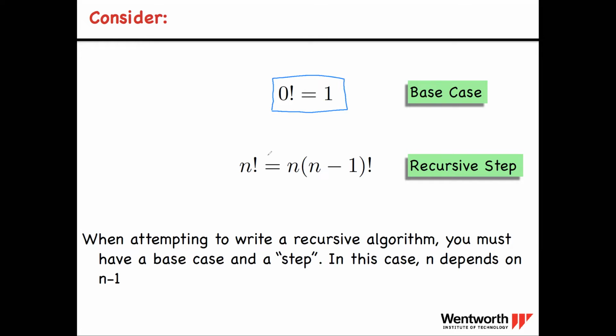Then we can define a factorial as a different type of equation, not using a product, but using a factorial itself. So if I wrote down 5 factorial, that's exactly the same as 5 times 4 factorial.